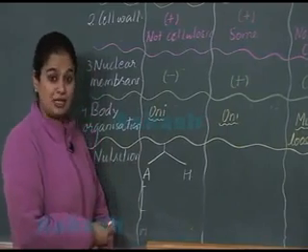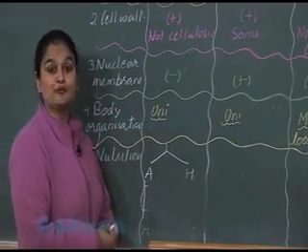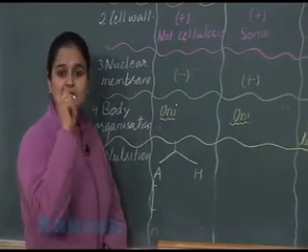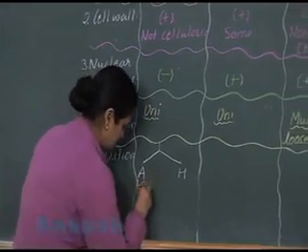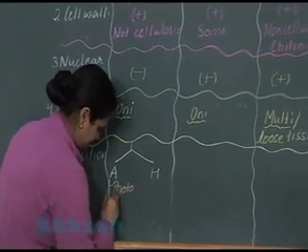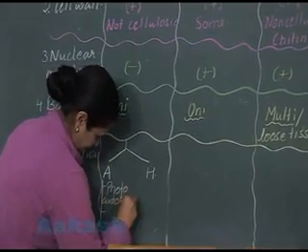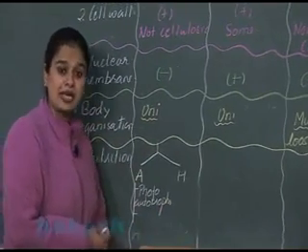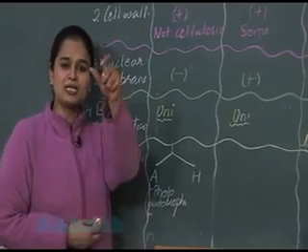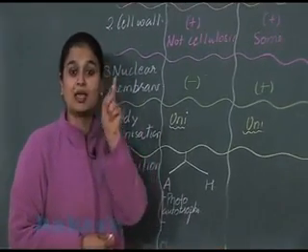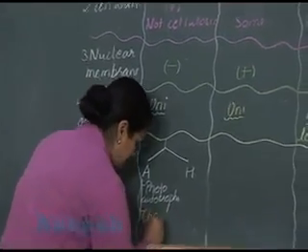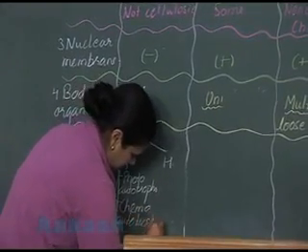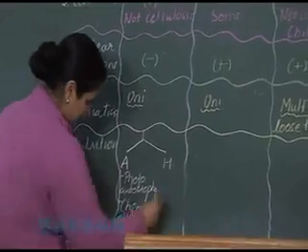Organisms which have the ability to synthesize their own food by utilizing light energy are known as photoautotrophs. Organisms which can synthesize their own food, but not by using light energy, by using chemical energy, are known as chemoautotrophs. Both the conditions are there.